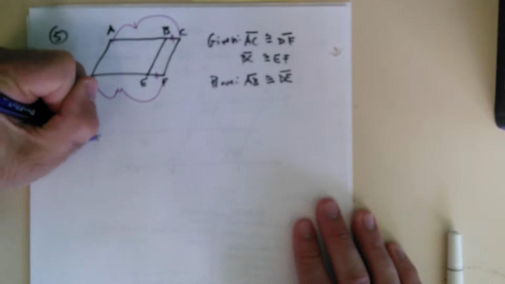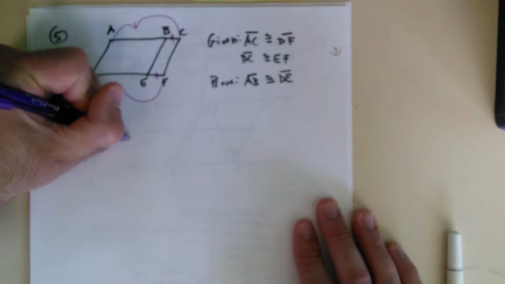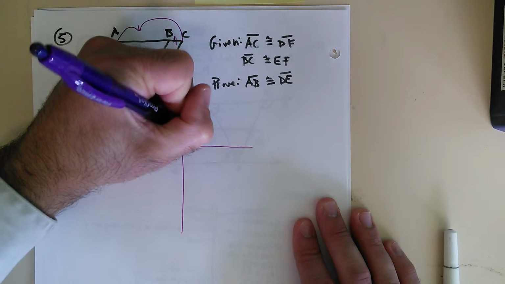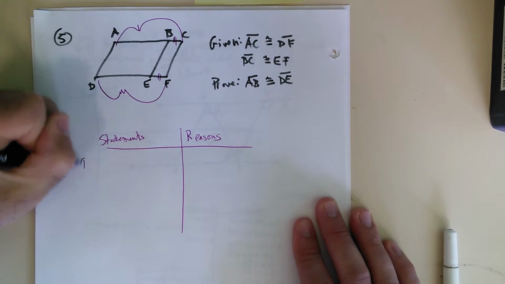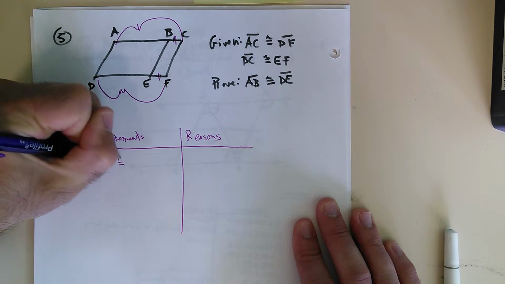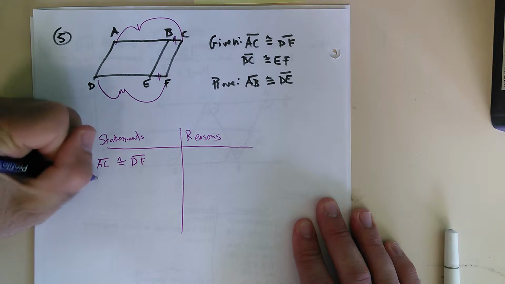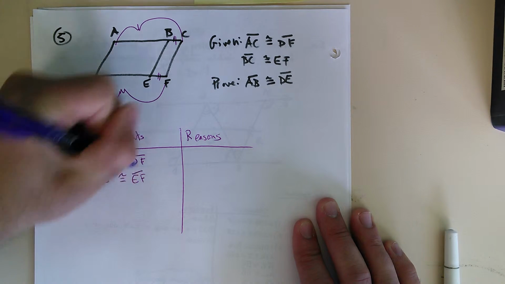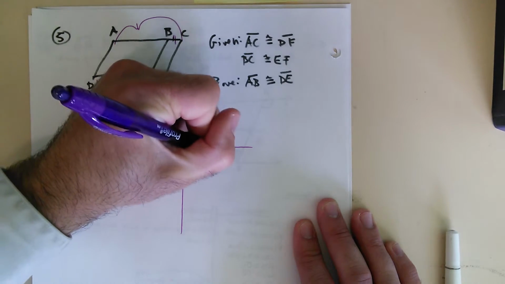So let's write out our statements and reasons chart again. Statements and reasons. And we write in our givens first. AC is congruent to DF. And BC is congruent to EF. Our reason for that is given.